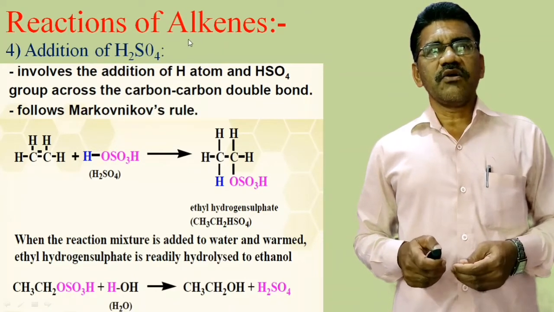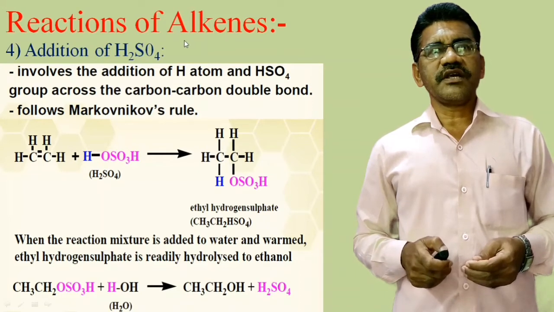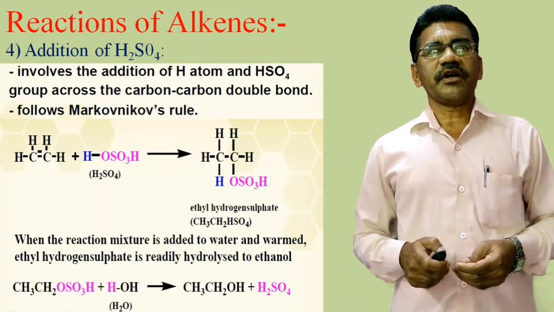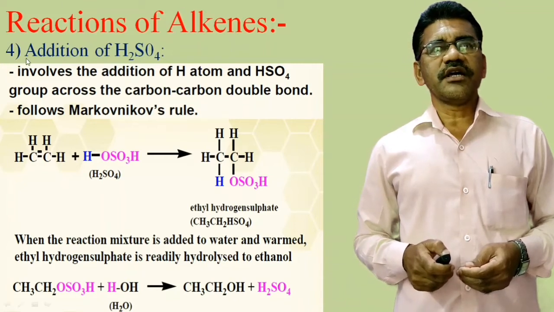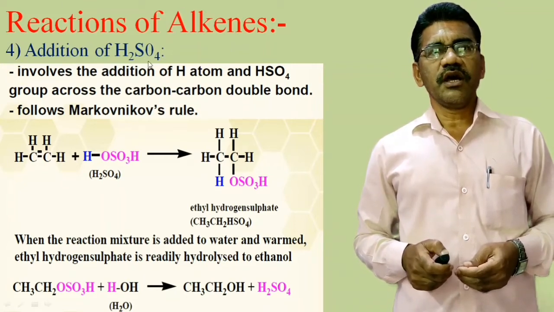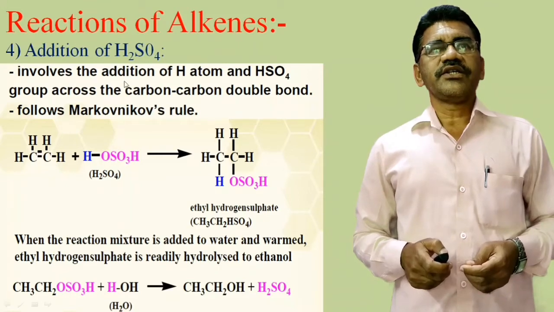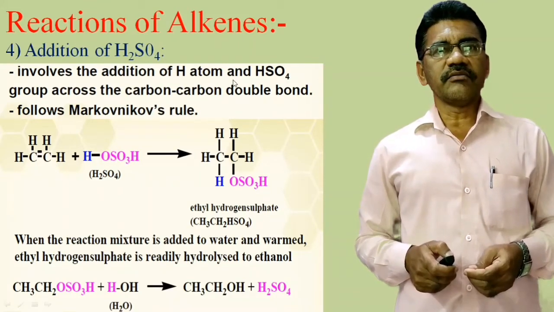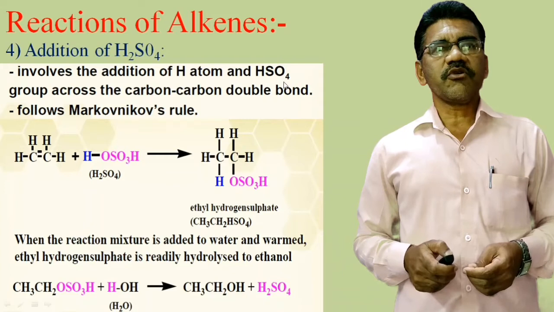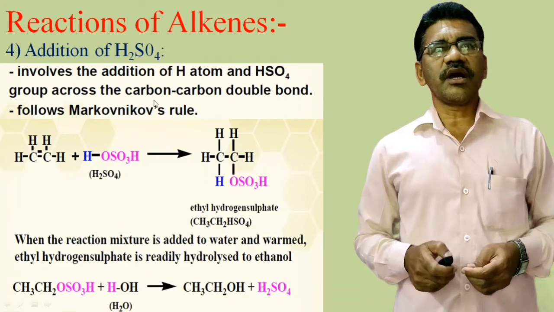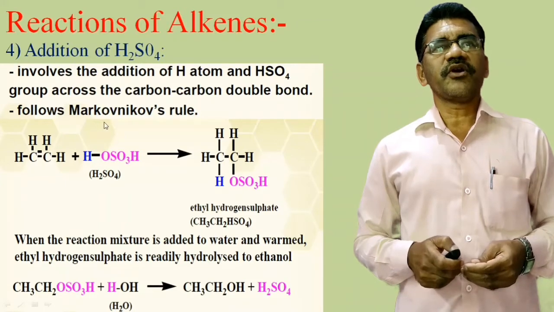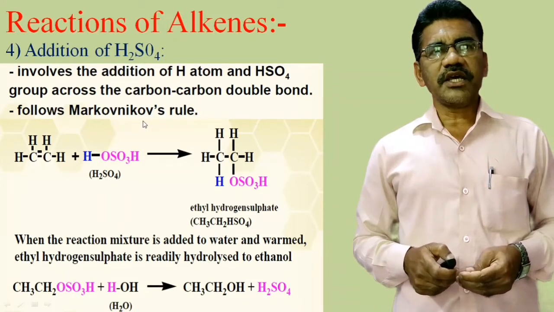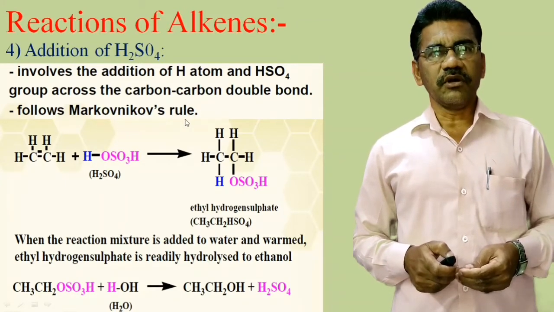Last lecture we have seen the first three reactions of alkenes. The fourth reaction of alkenes is addition of H2SO4, which involves the addition of a hydrogen atom and an HSO4 group across the carbon-carbon double bond. This addition of H2SO4 takes place according to Markovnikov's rule.